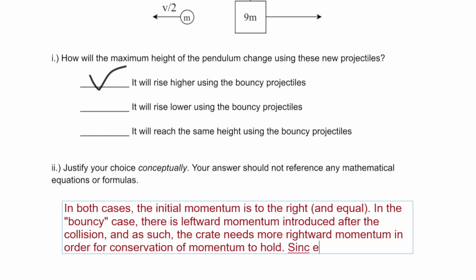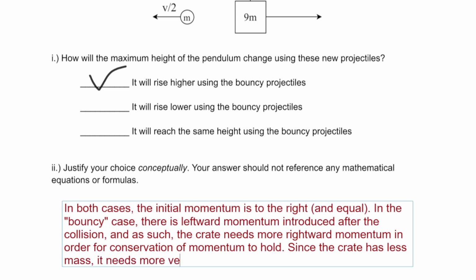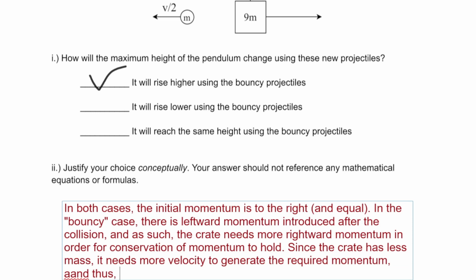Since the crate has less mass, it needs more velocity to generate the required momentum, and thus goes higher.